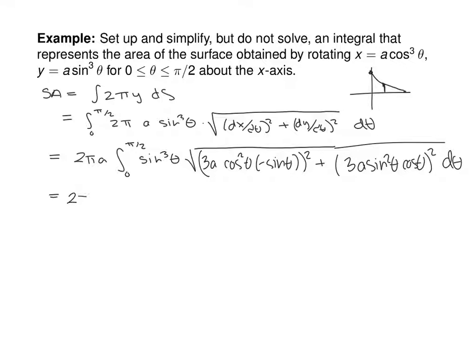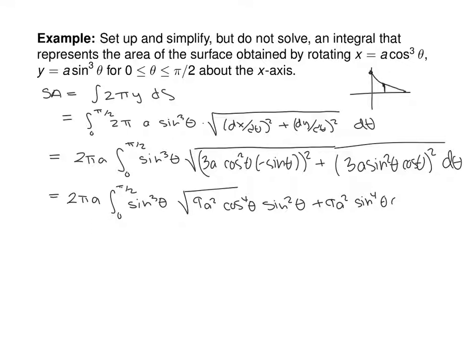Now squaring that out, we have the square root of 9a squared cosine to the 4th theta sine squared theta plus 9a squared sine to the 4th theta cosine squared theta d theta.